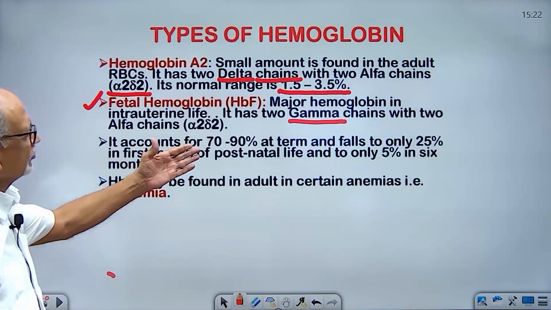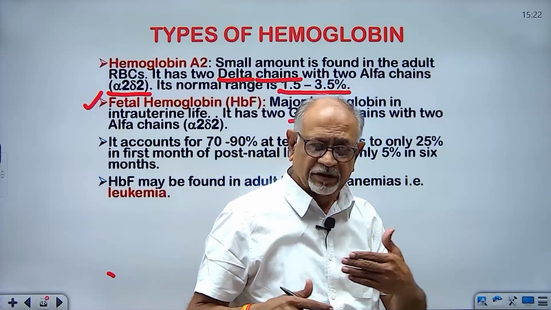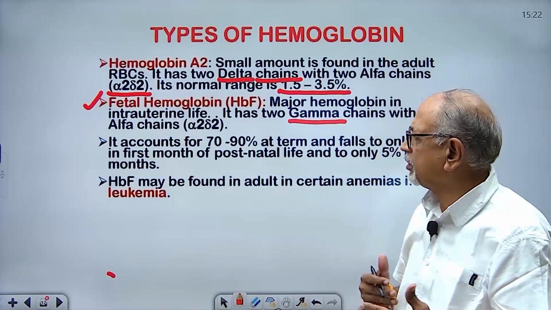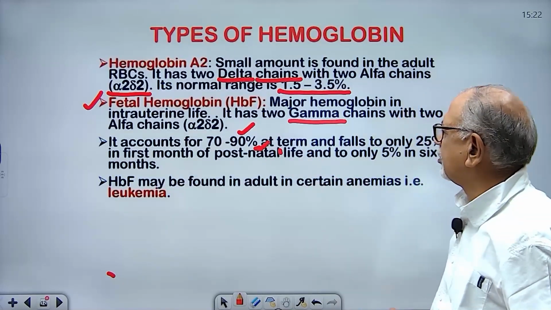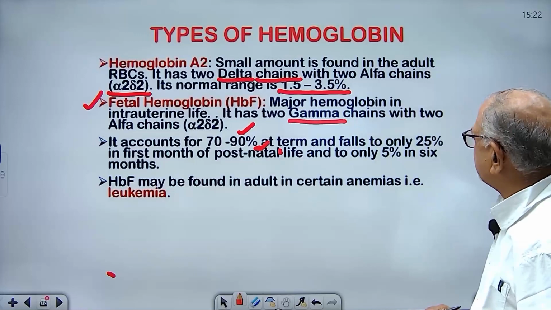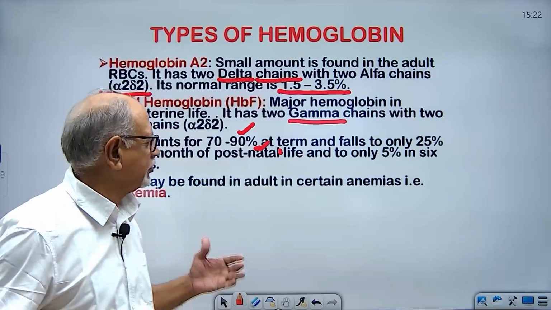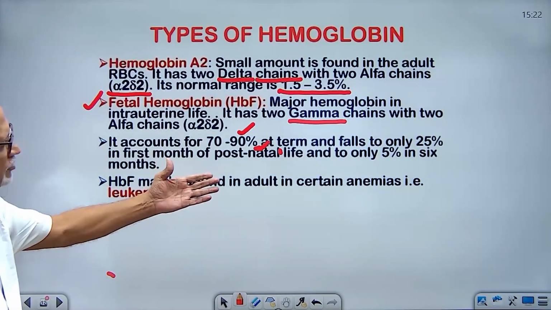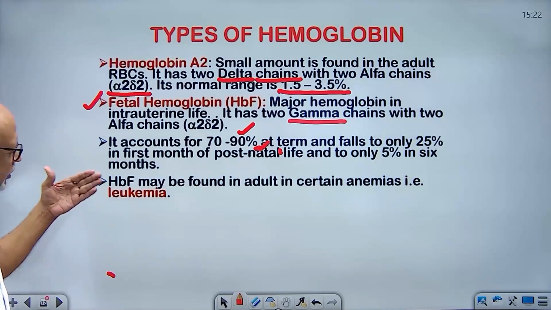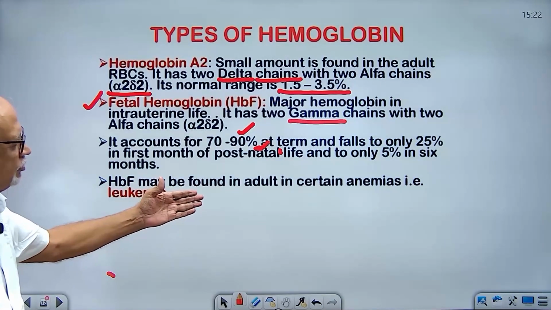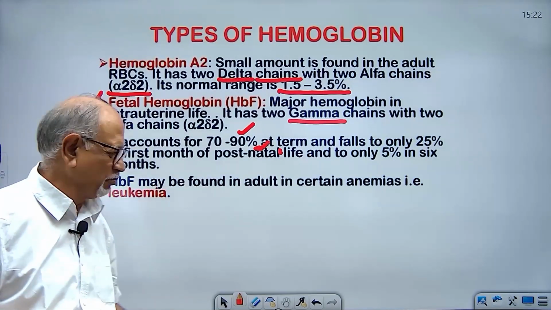It accounts for 70 to 90% at term, but then it falls to only 25% in the first month itself and to only 5% during the next 6 months. Fetal hemoglobin may be found in adults in certain anemias like leukemia.